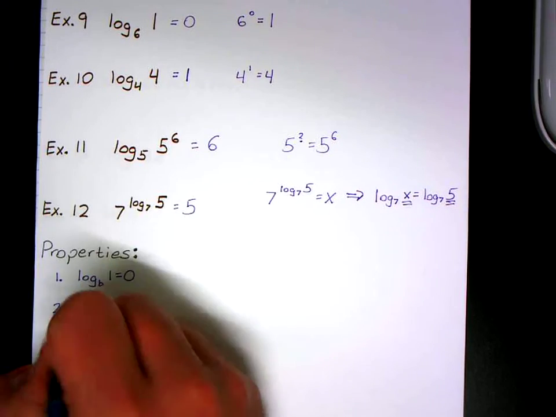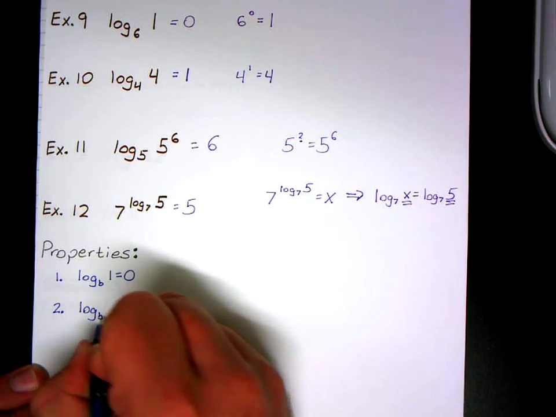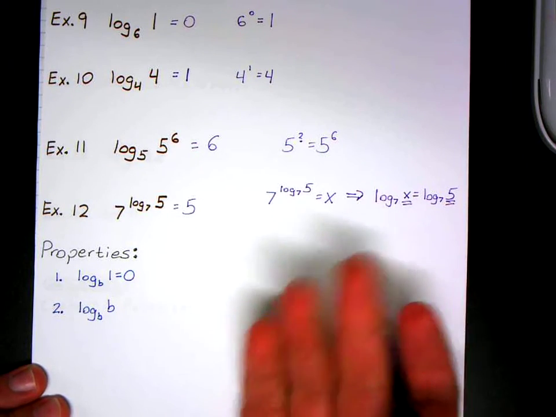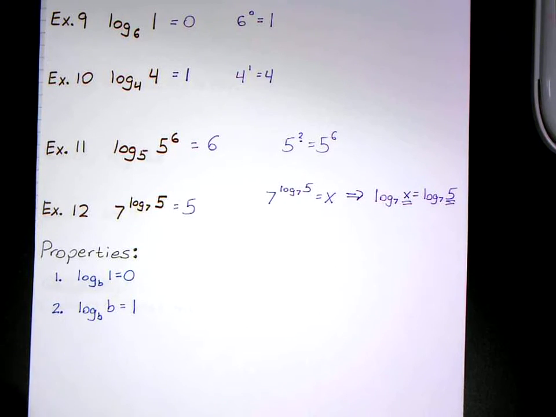Second property follows example 10. If I take log base b of b itself, well, then it's going to equal 1. Because anything to the 1 is equal to itself.